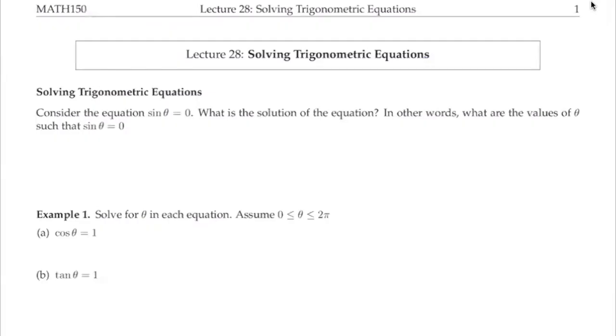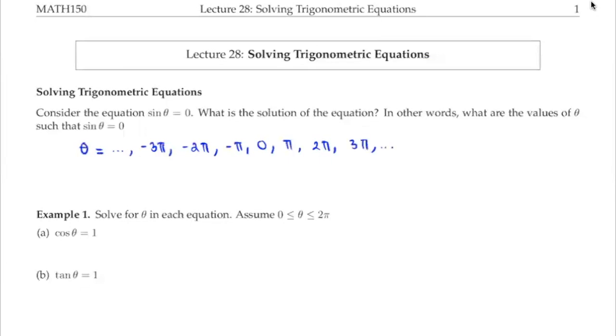The multiple can be a positive integer, negative integer, or 0. So in this situation, you want to solve for the values of theta such that sine of theta equals 0. From the unit circle, we examine that the solutions are theta equal to negative 3 pi, negative 2 pi, negative pi, 0, positive pi, 2 pi, 3 pi, and so on.